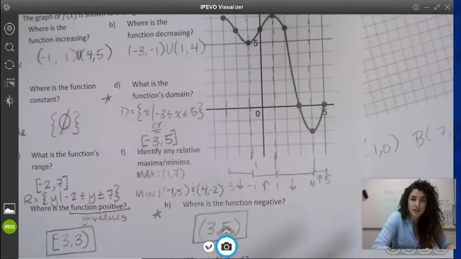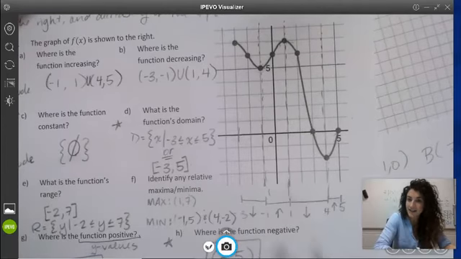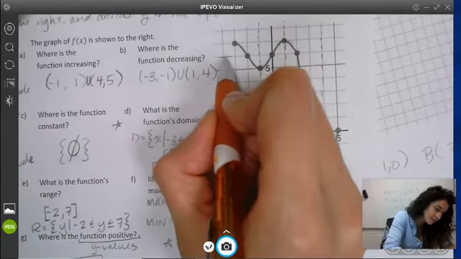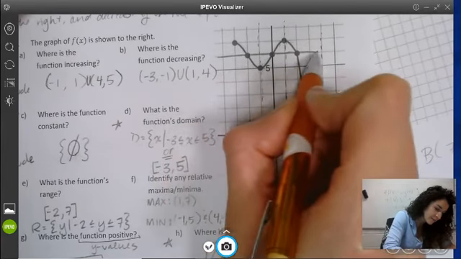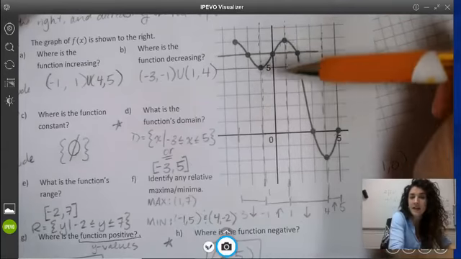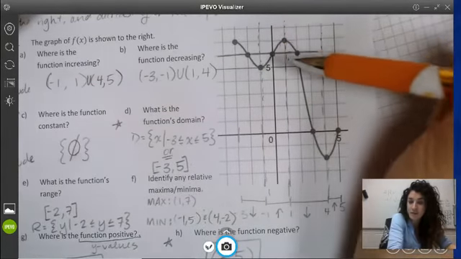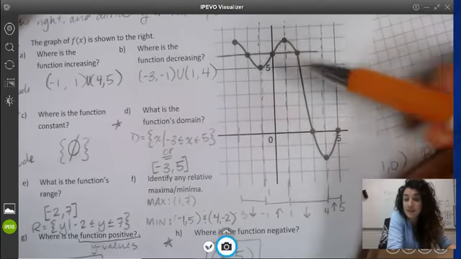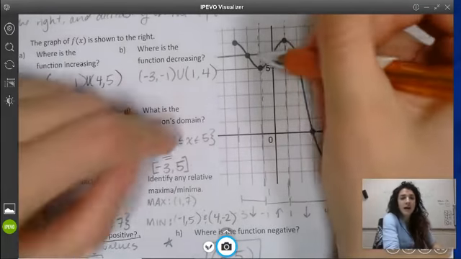Where is f of x equal to 6? I put this in here on purpose because there are 3 answers. This is the y value of 6. We have 3 different places where your function crosses that y value of 6, and yes, it's still a function because it still passes the vertical line test.